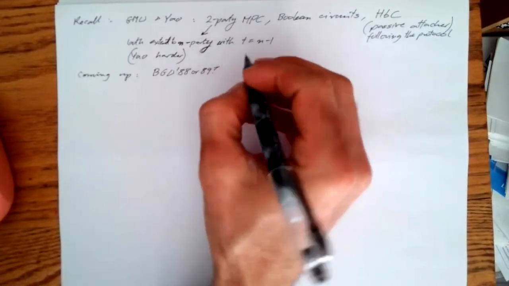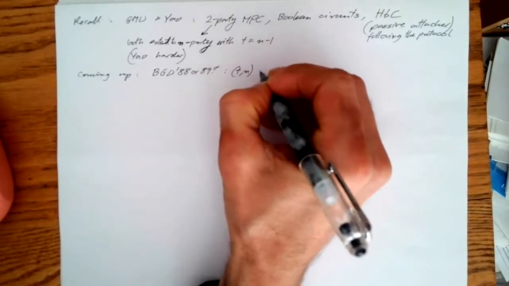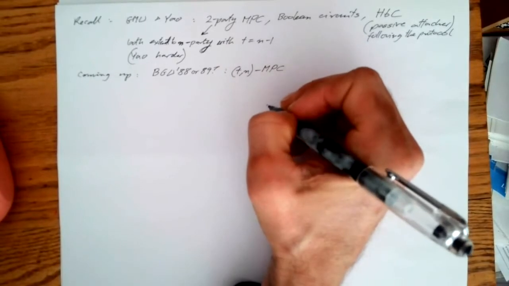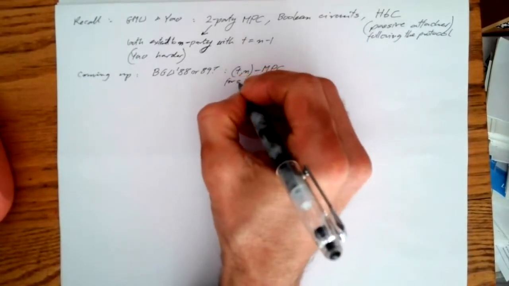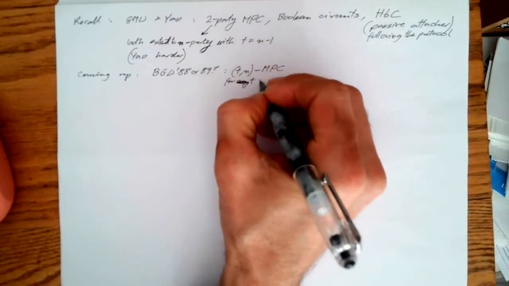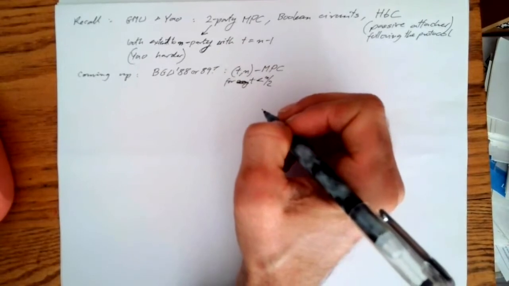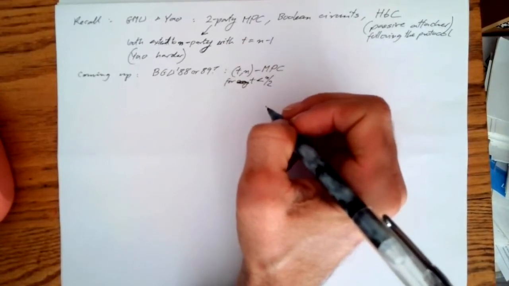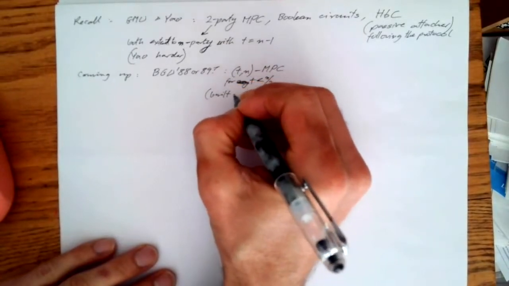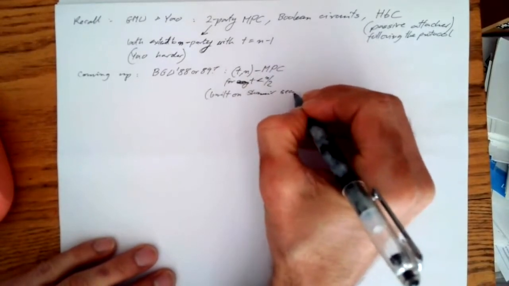Protocol, which is natively T of n threshold MPC for T smaller than n/2. Okay. So this one is built on Shamir secret sharing.